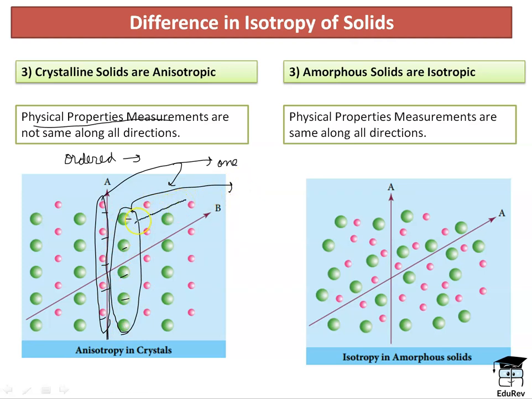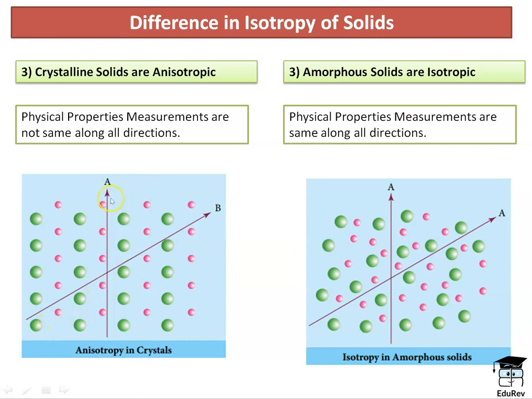And if we measure through this axis, we will get another value. See here, the pattern along all three axes is different. This pattern contained only pink balls, or pink particles.